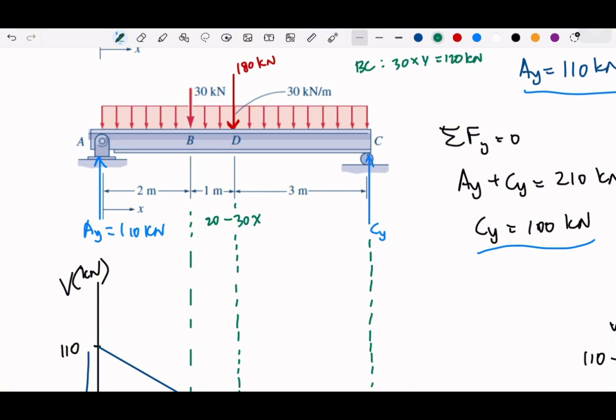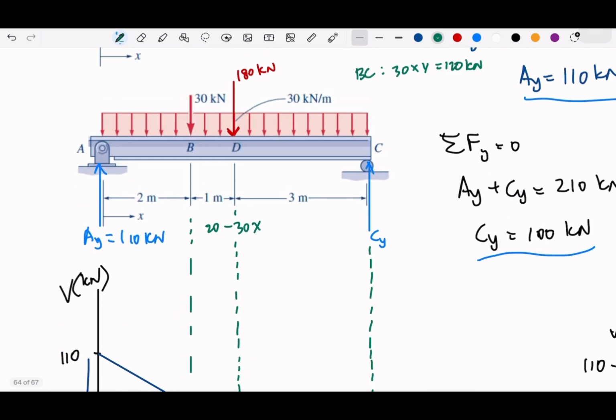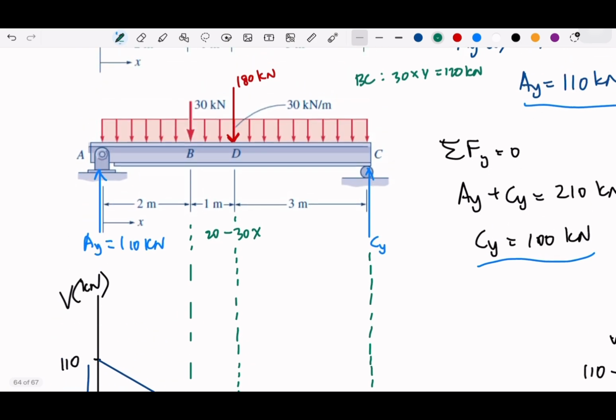If we compute only that part. So 20 minus the 120 should be negative 100, right? Because it's going down negative 120.